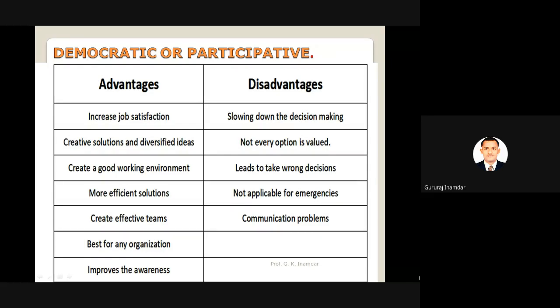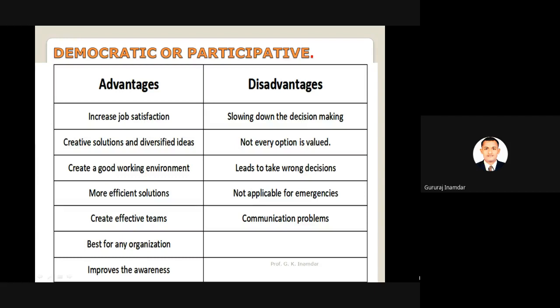This is again a democratic advantage due to the participation. This is the advantage of the participative leadership style. So we have to think on the same. Now, more efficient solution. Why? Because due to the brainstorming, group discussion, there is input, output, efficiency and effectiveness.